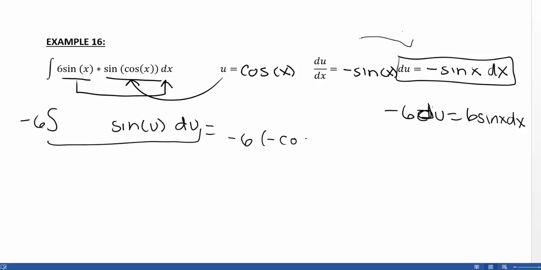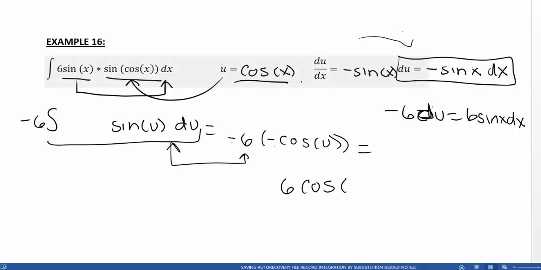So we have negative cosine of u. Here again, we took the step where we found the antiderivative, so we no longer need the integral symbol or the du. We don't want a u in our final answer, so we want to plug back in. But I also noticed that I have a negative 6 times a negative cosine, so the negatives are going to cancel out. That leaves me with 6 cosine.